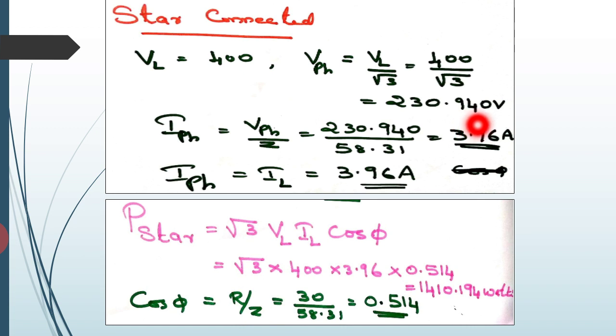Again, for a star connected system, we know that I line is equal to I phase. So, we want to obtain I phase. To get I phase, we divide V phase by Z, that is 230.940 divided by impedance 58.31.